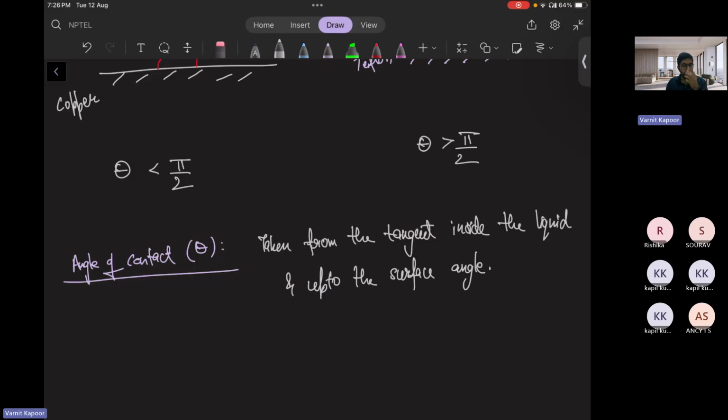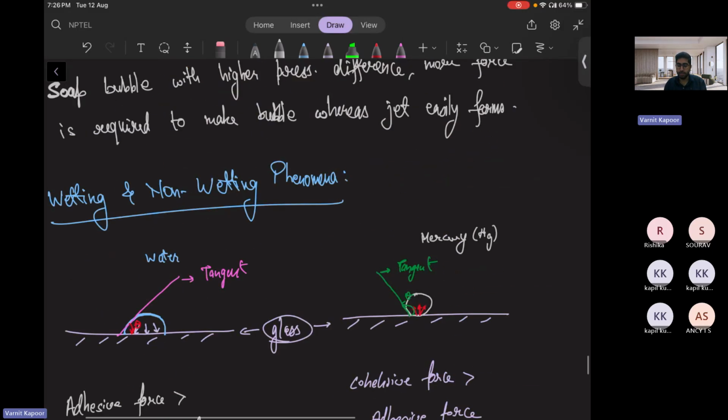So in a clean water glass scenario, if the water is purely clean, with no impurity inside, then this will be a flat layer and theta will be 0. But if you have a normal water glass, because of some impurities in the normal water, then theta will be some 29 degrees. So I'll write here.